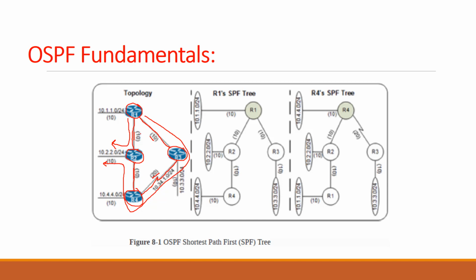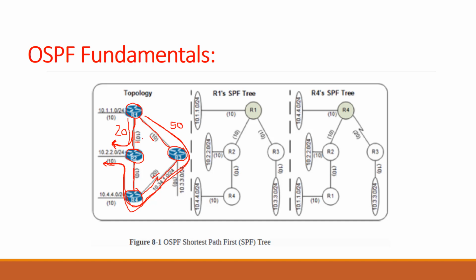So R1 will consider the cumulative metric, or cumulative cost: here it is 10 plus 10 equals 20. And this path is 10 plus 20 equals 30, plus 10 equals 40, plus 10 equals 50. So this path is 20 and this path is 50.